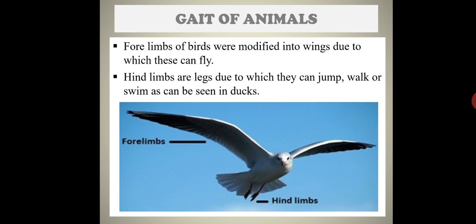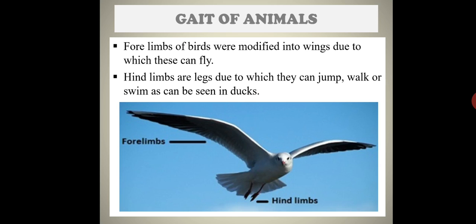The forelimbs, or the front arms of the bird, the bony part of the forelimbs, are modified as wings, and they are able to fly. The shoulder bones are so strong in order to support the wings, and the bones of the hind limbs, that is the back part, help in their walking.